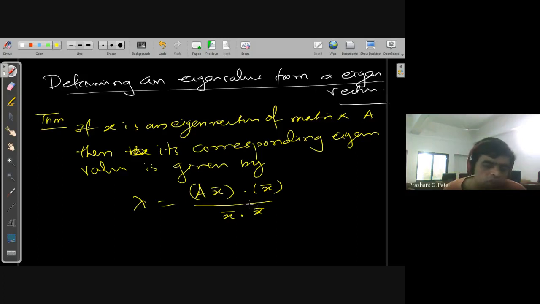And this quotient is called the Rayleigh quotient.